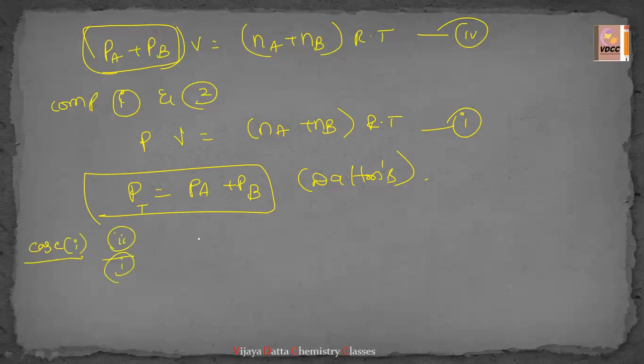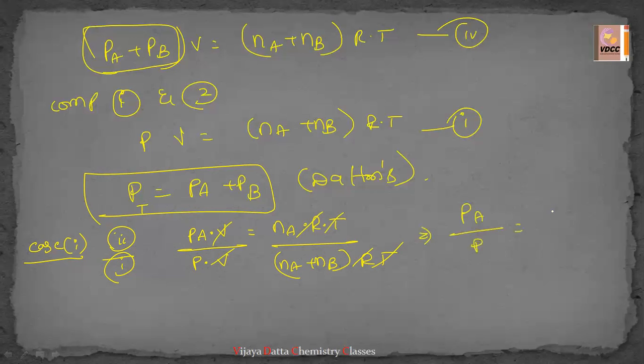So PA into V equal to Na into R into T, divided by the first equation, which is P into V equal to Na plus Nb into RT. Then R, T, and volume all get cancelled. Then what is left? PA by P equal to Na by Na plus Nb.